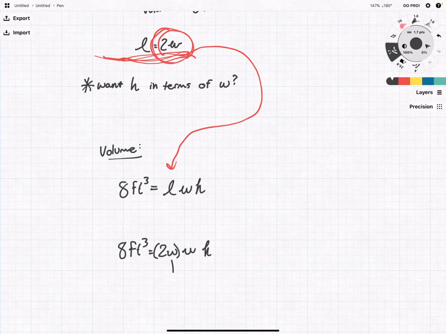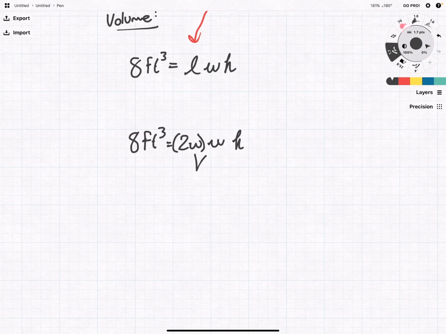Okay, great. We will combine our terms here. Now we have 8 feet cubed equals 2W squared H. Now we're going to divide both sides by 2W squared.